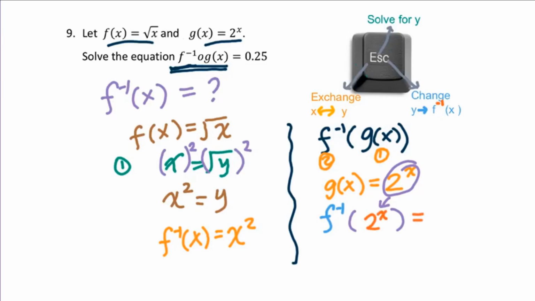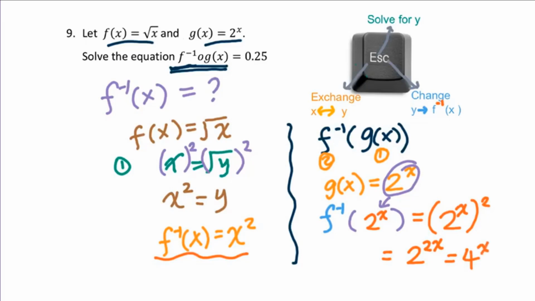Therefore, for every single x in the inverse f of x function, you have to turn it into 2 to the x power. I got 2 to the x power, then squared. Power of a power, we multiply, so 2 to the 2x. That means 2 squared is 4 to the x power. This part equals 4 to the x power.